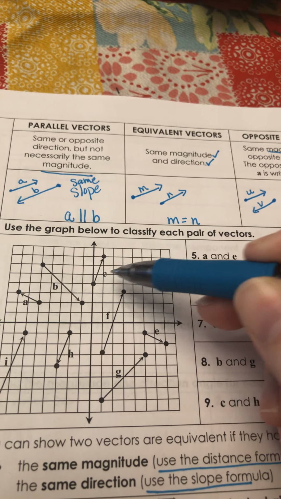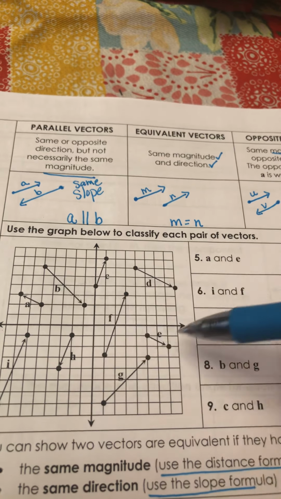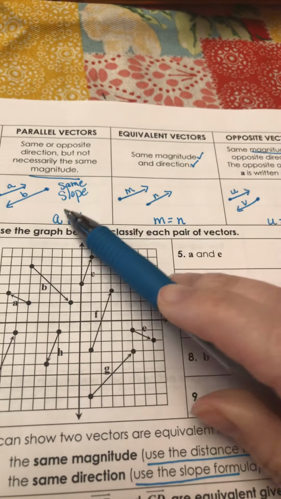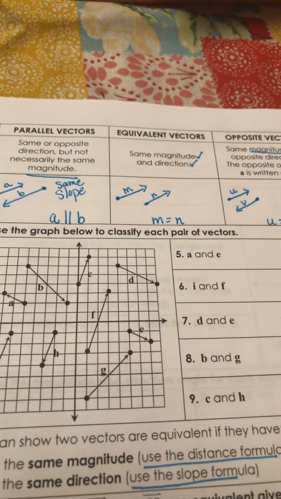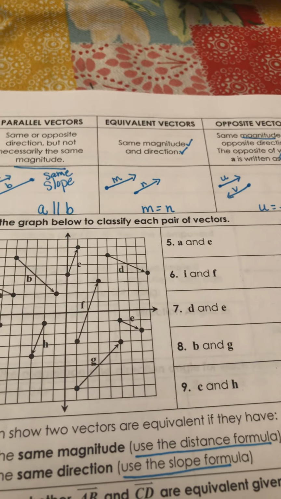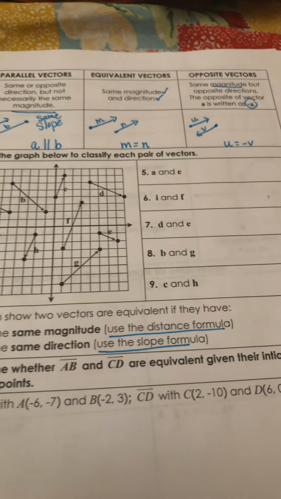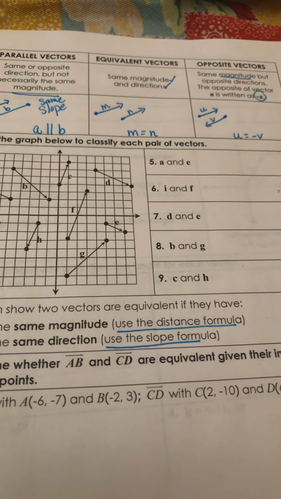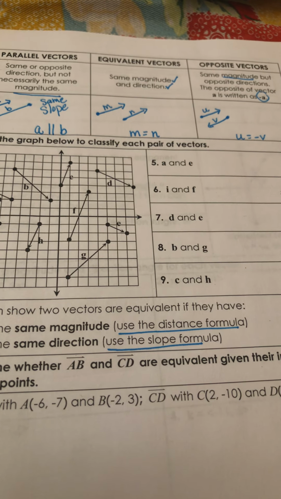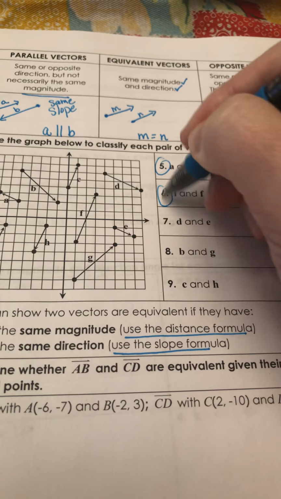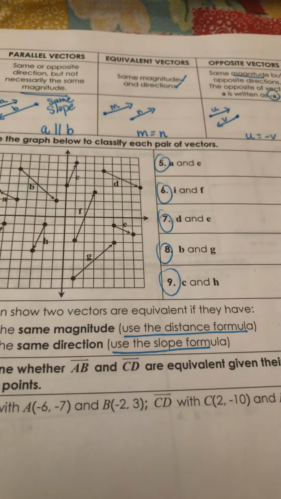This is a C, not an E, y'all. So A and E. Figure out if they're parallel, equivalent, opposite, or none. Okay, so that is going to be the second part of your assignment, number 2, 3, and 4, and then 5 through 9. So 5, 6, 7, 8, and 9.